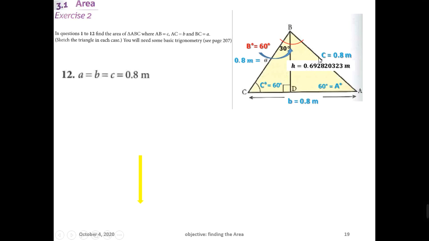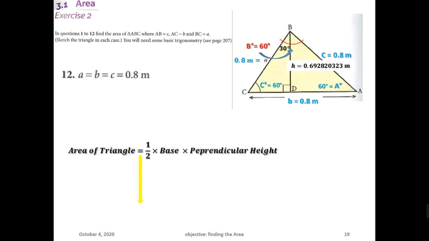Have a look once again at this shape that you have in hands, or this triangle. We have the base CA or B, which is 0.8, and we found the height of this triangle. So we can now write the general formula of finding the area of a triangle as following.